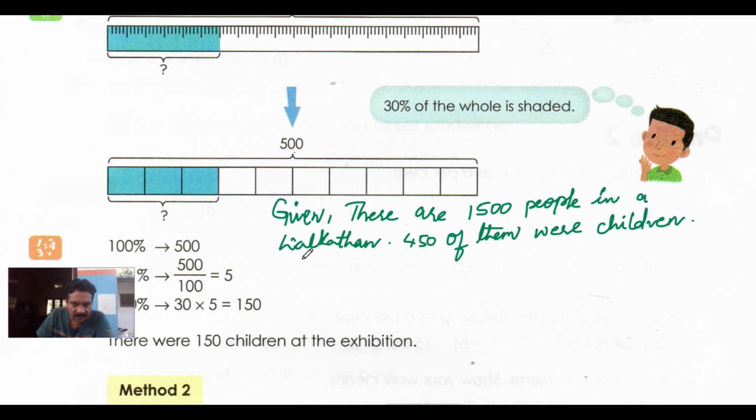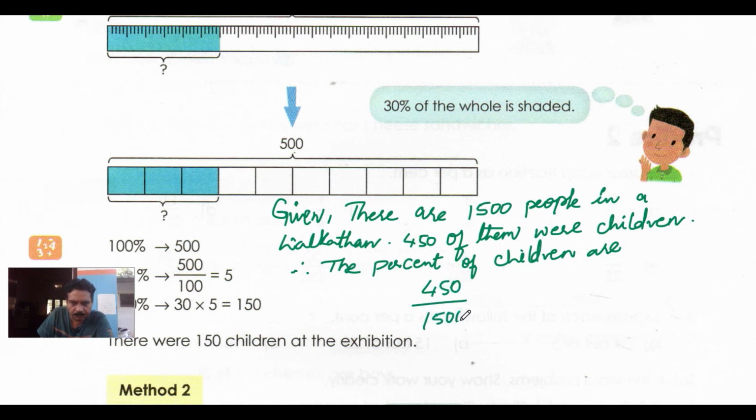So the percent of children are 450 out of 1500 into 100. That is 450 into 100 by 1500. This 0, this 0, this 0, this 0 gets cancelled.